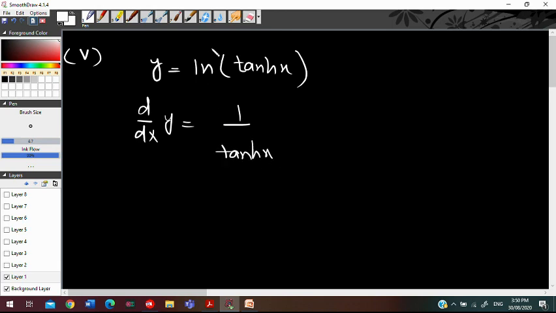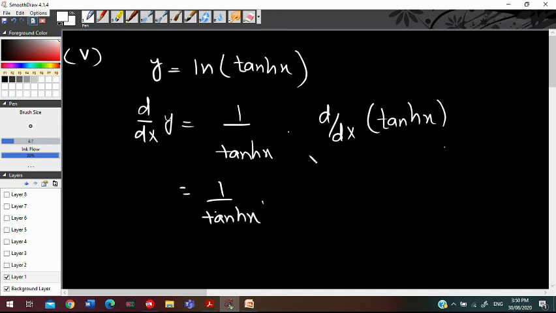You know that whenever you have this natural log, you will write 1 by this argument and then the derivative of this tanh x. And 1 divided by tanh x, and then you know that the derivative of tanh x is sech square x.